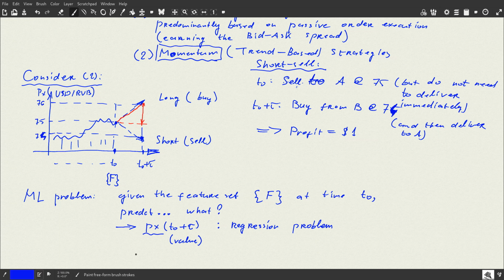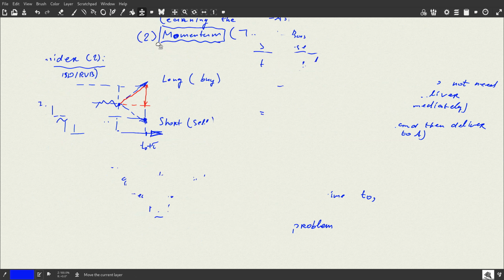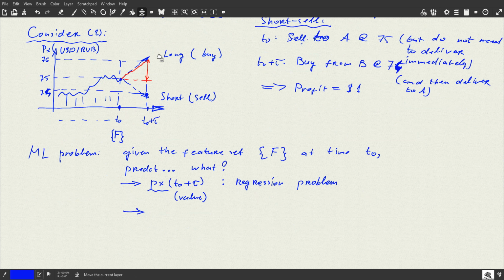That's one thing. Another thing we can predict is whether simply the price is going to be higher or lower. Actually, even this simple example demonstrates that there are many things we can predict.